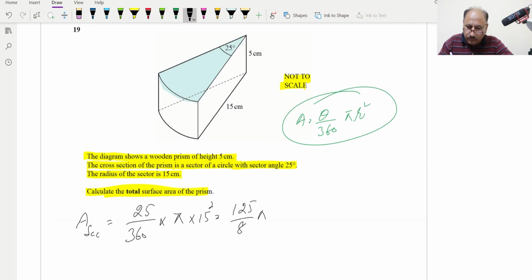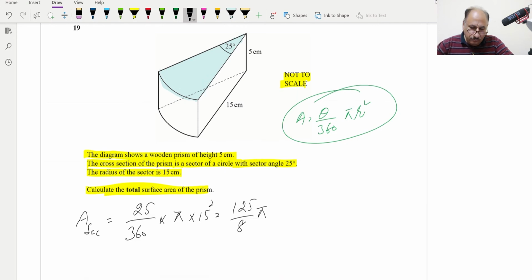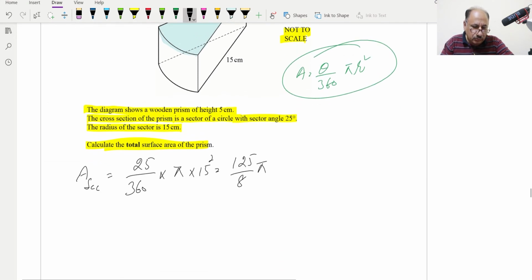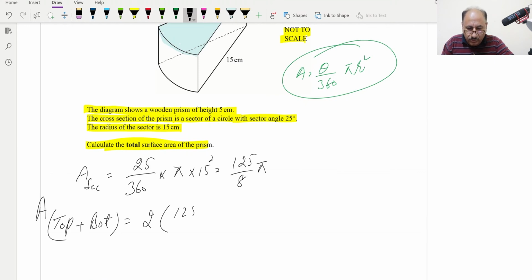Top and bottom are both sectors, so the area of top plus bottom will be 2 multiplied by 125 over 8 pi, double of this one, which equals 125 over 4 pi. This will be the area for the top and bottom.